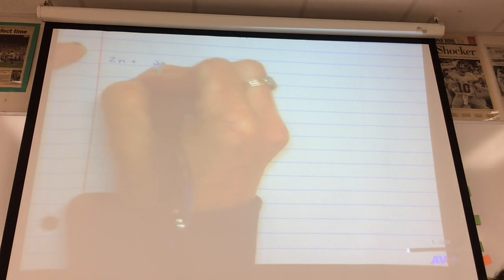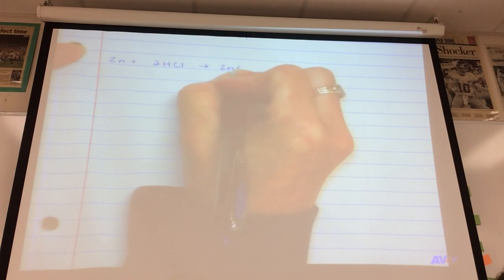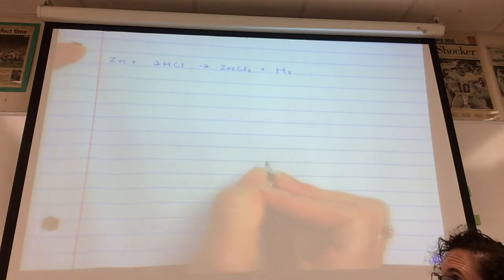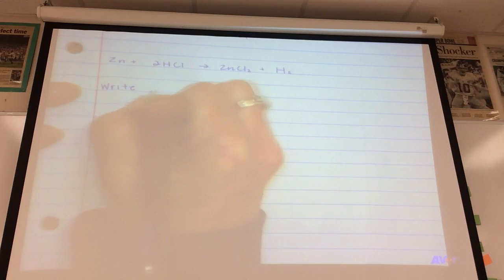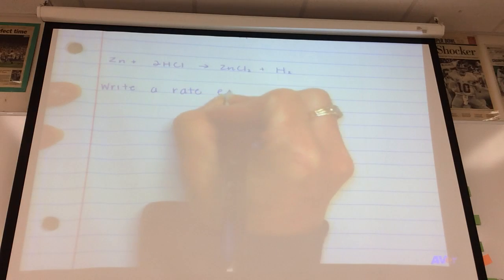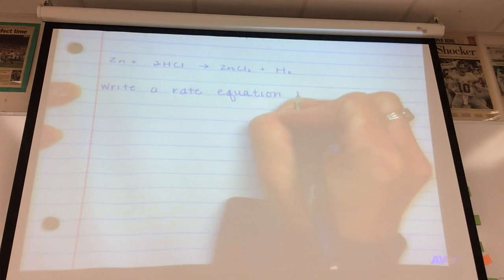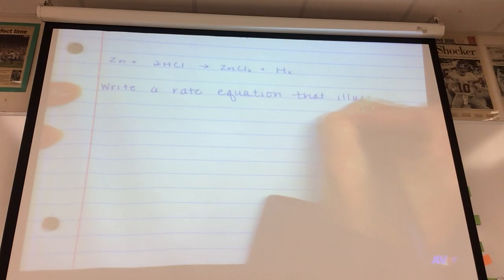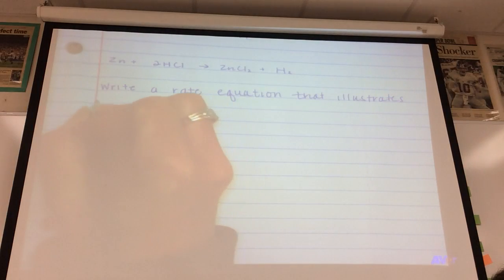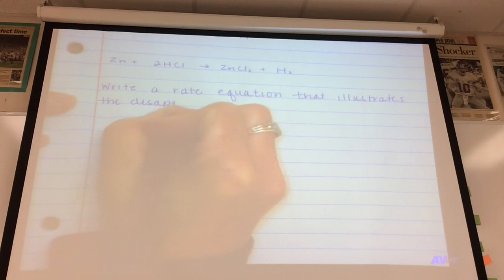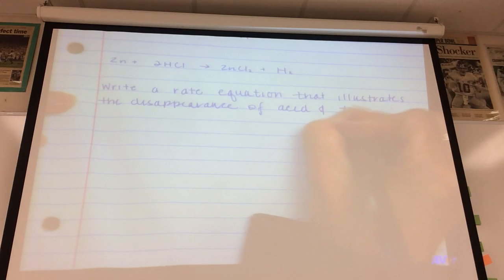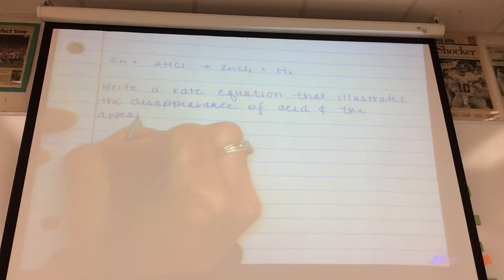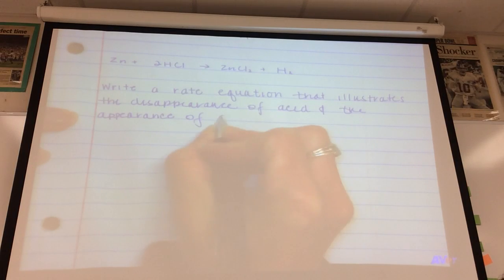So if, for example, we went back to this equation that we used to illustrate surface area, if we wanted to write a rate equation that illustrates the disappearance of acid and the appearance of gas.